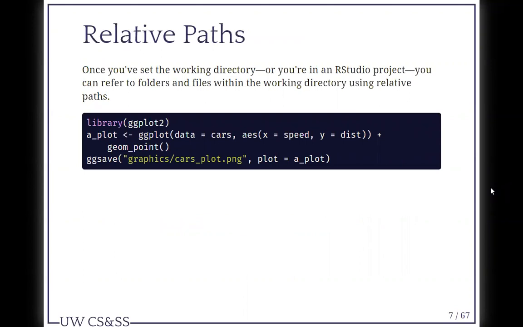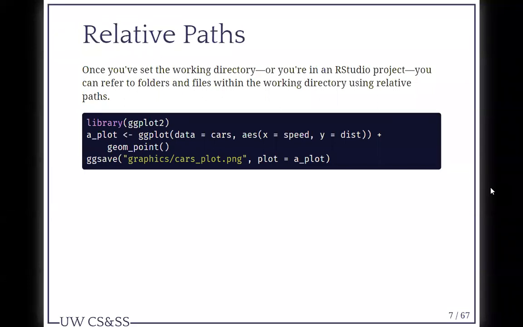So one of the things that helps make our projects great and our markdowns really awesome is relative paths. Once you've set the working directory, or you're in an RStudio project, what have you, you can refer to folders and files within the working directory using relative paths. So let's say I want to make a ggplot.